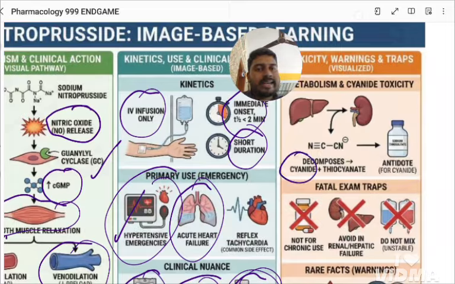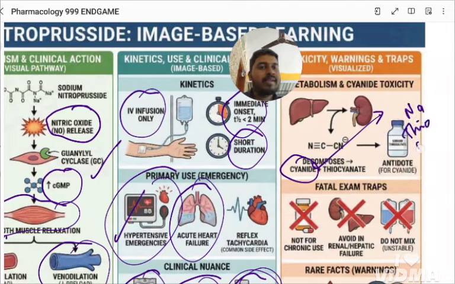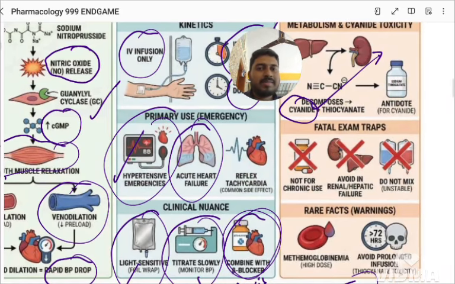This cyanide toxicity can develop with overuse, and for this, what is the antidote for cyanide? Yes, it is very important: sodium thiosulfate. Sodium thiosulfate is the antidote of choice. So this is one more extension of an MCQ that you can get.